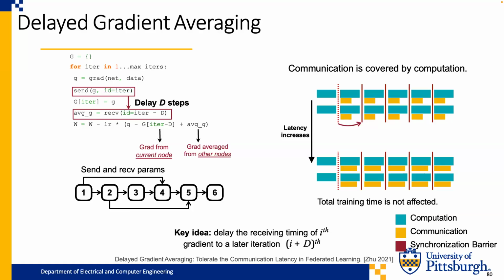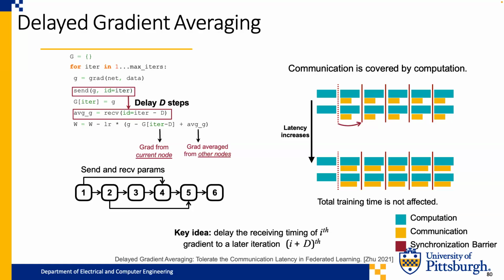Only after a couple of iterations, if I'm a worker at this stage, I update the weight using my latest gradient, and at that time I suddenly get all the old gradients from other workers, the delayed gradients. I'm going to use that equation to update it. System-wise, we have totally hidden the communication overhead.